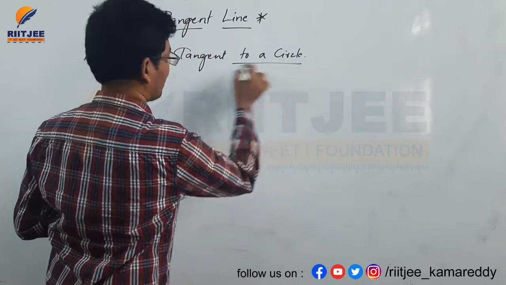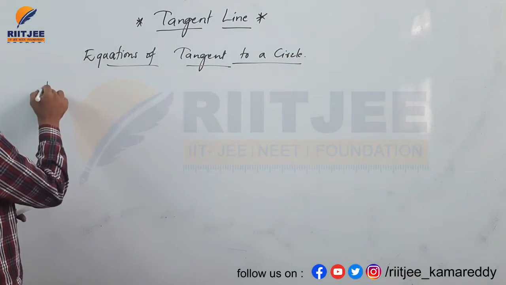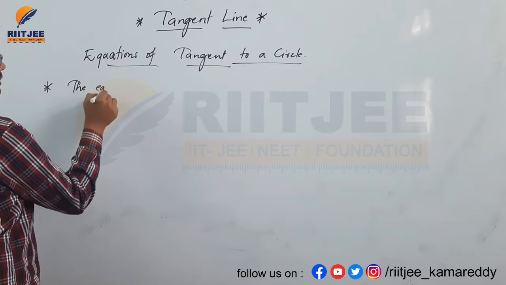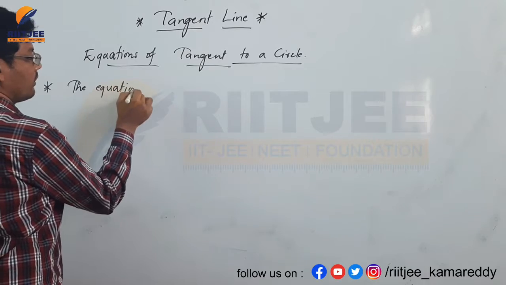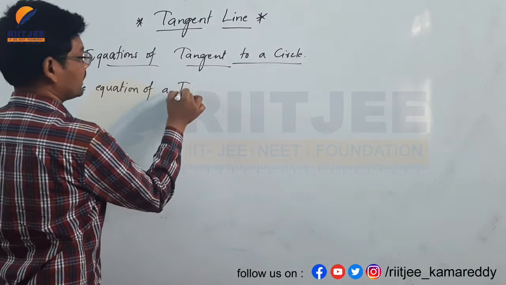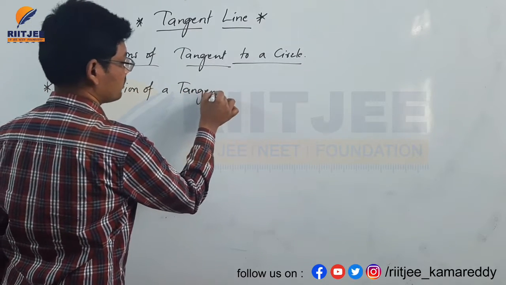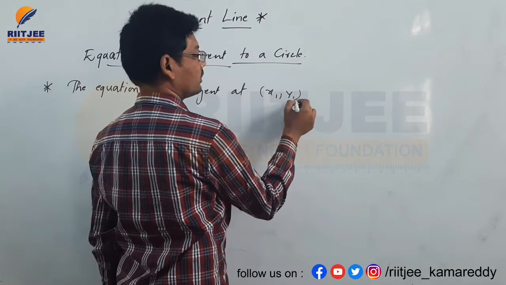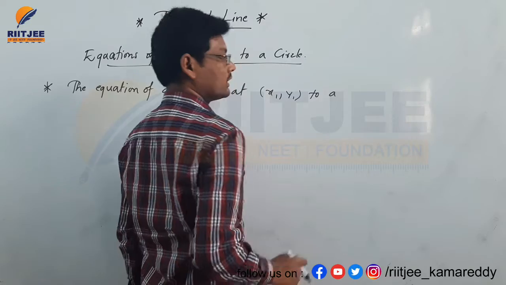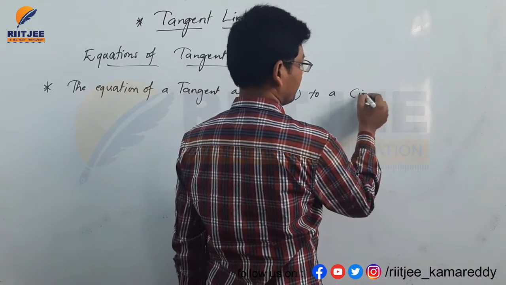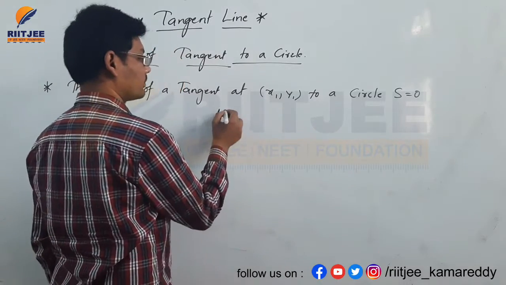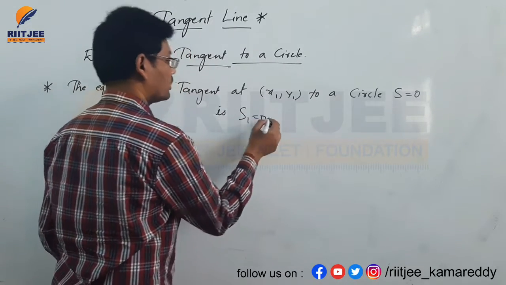The first one, the equation of a tangent at x1, y1 to a circle S equal to 0 is S1 equal to 0.